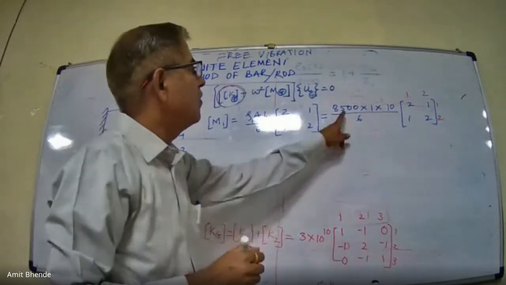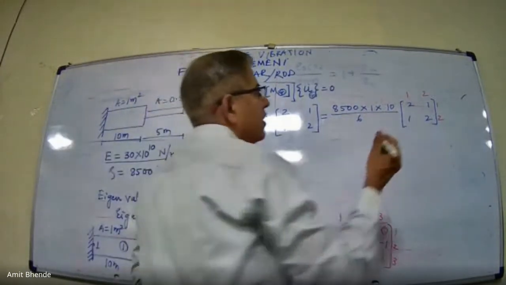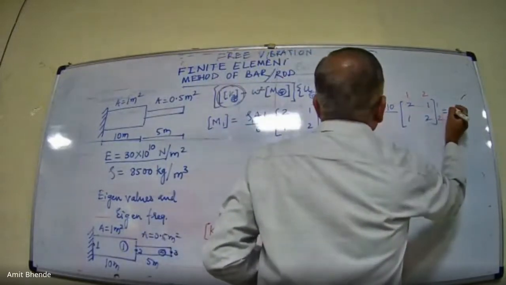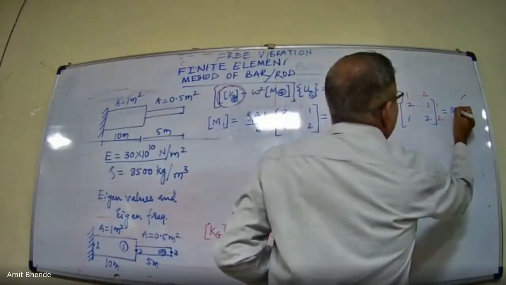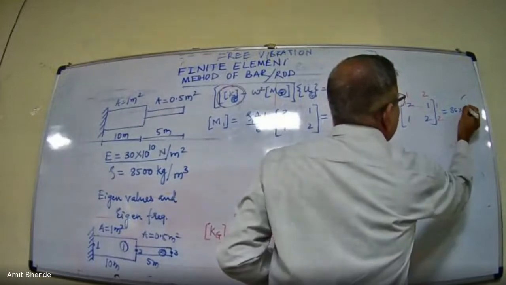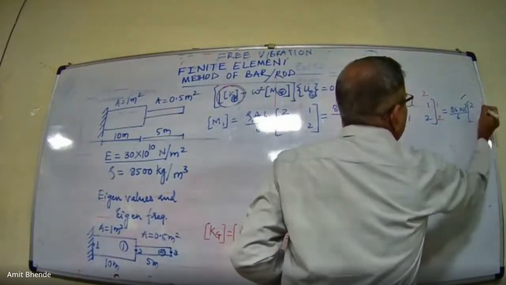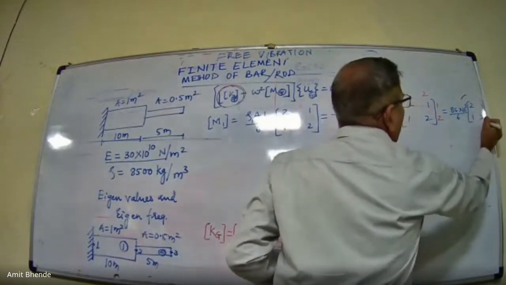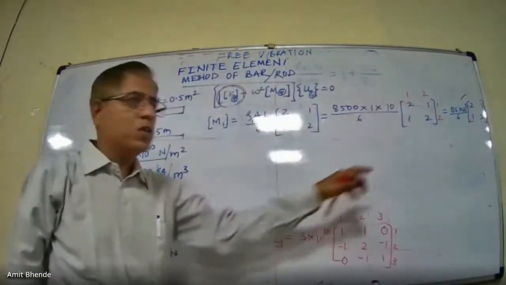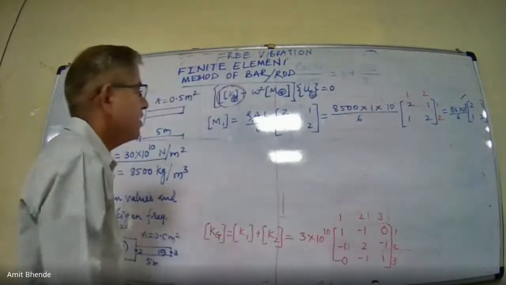So if you solve, it is 85 into 10 to the power 3 divided by 6 into 2112. Okay, so this is the element mass matrix.